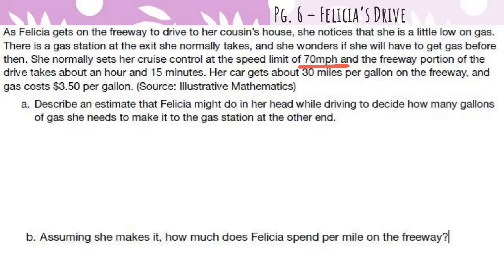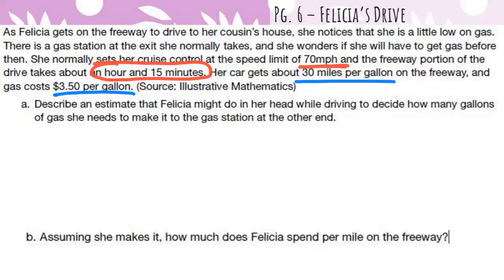And the freeway portion of the drive takes an hour and 15 minutes. So 70 miles per hour, it takes an hour and 15 minutes for that freeway. Her car gets 30 miles per gallon on the freeway. And gas costs $3.50 per gallon.